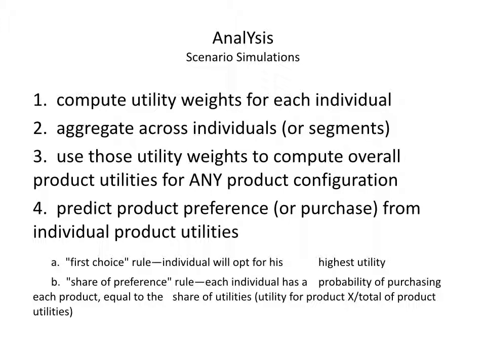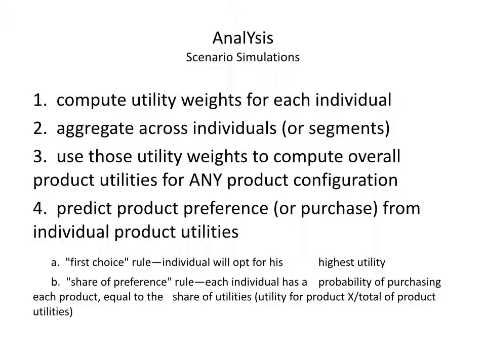Now, how do we predict product preference from the individual product utilities? Well, there are 2 approaches. One is the first choice rule. According to that, the individual will opt for the product with his highest utility. So for individual 1, we have his utility for each attribute level, and therefore his perceived utility of the product, and we would estimate he would pick the product for which utility is highest.